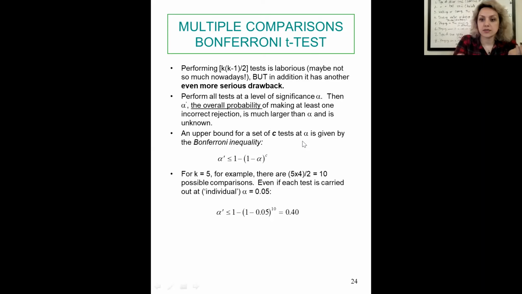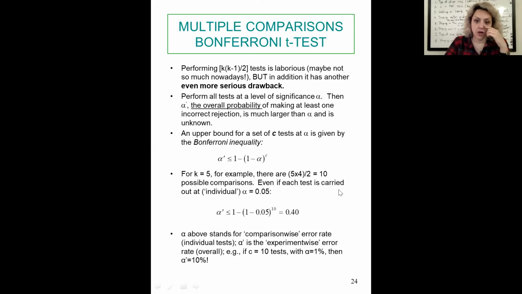This is about 0.40, so alpha prime is 40%. We consider alpha as 5%, but in reality the upper bound alpha prime can go up to 40%.